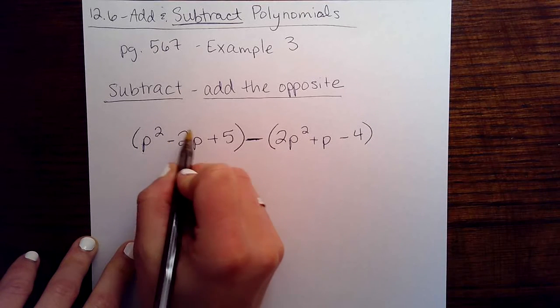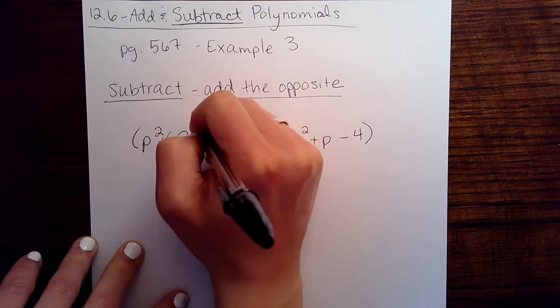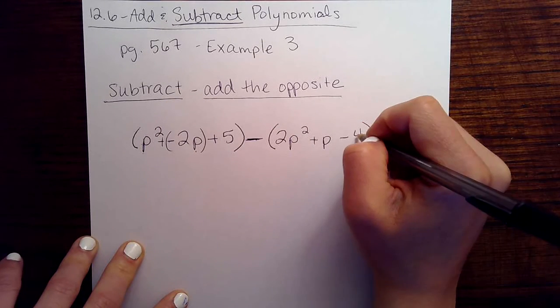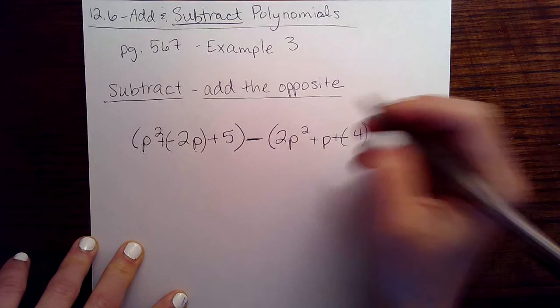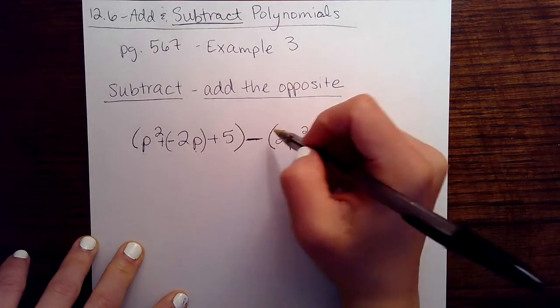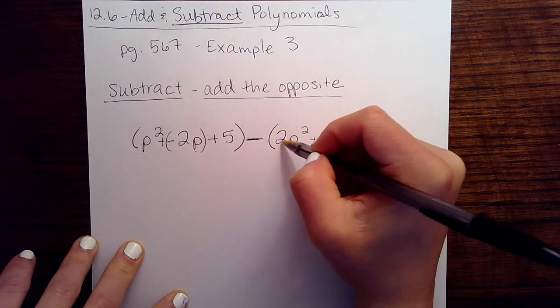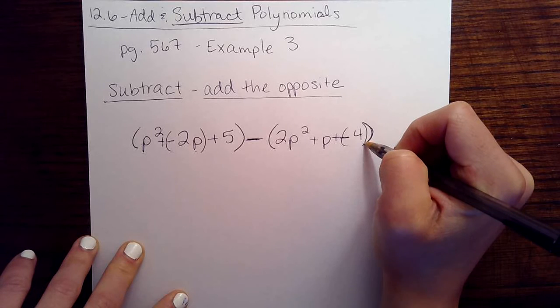Remember, when we have minus a term, that's the same as adding the opposite. So plus negative 2p. And same thing here with that negative 4, plus negative 4. Now, I was talking about the whole polynomial. When we subtract, we are subtracting everything in this parentheses, or this polynomial.